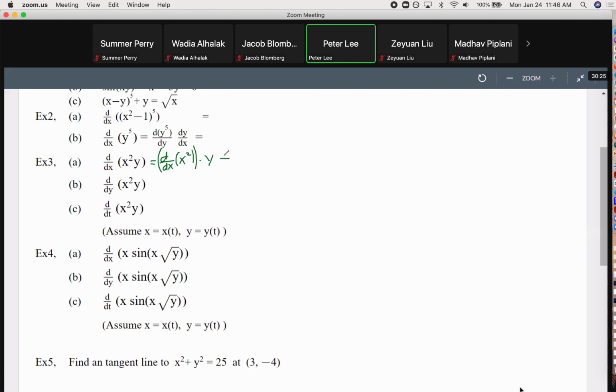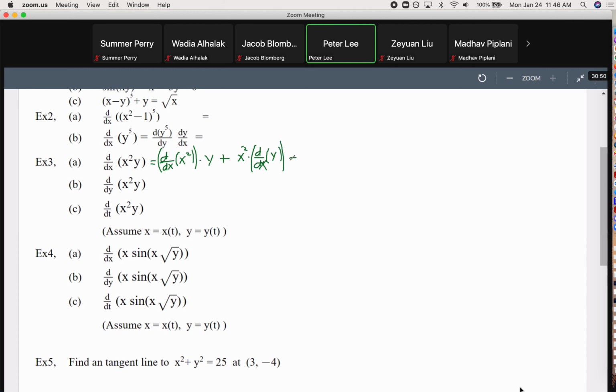You see a plus, and then x squared times d/dx of y, which is dy/dx. So that's just a regular product rule.